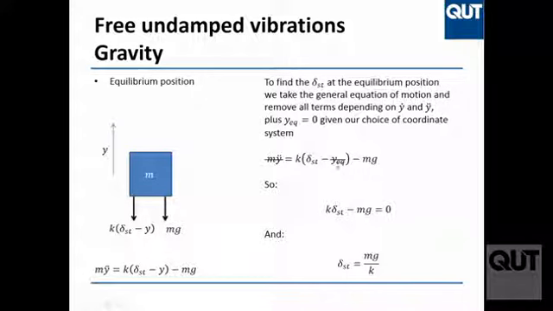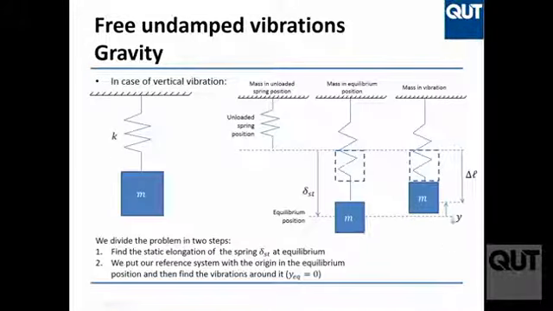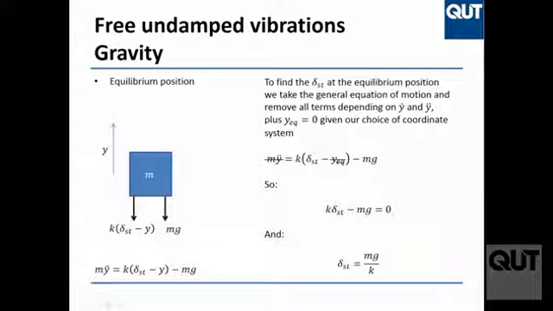How much is y at equilibrium? Displacement. Well, if I chose this convention, this coordinate system with y equals 0 at equilibrium, it's equal to 0, because I put the coordinate system there. So this is also equal to 0. So I'm left with that.